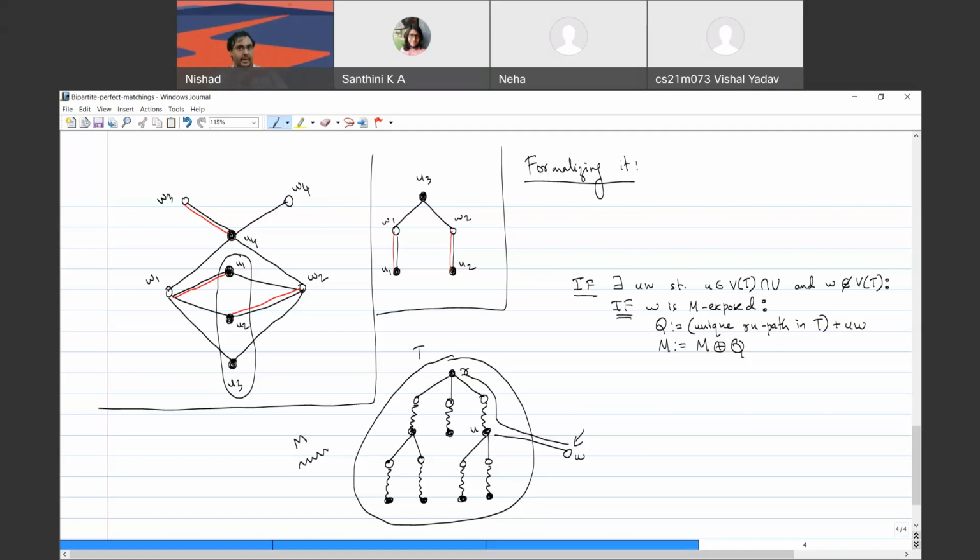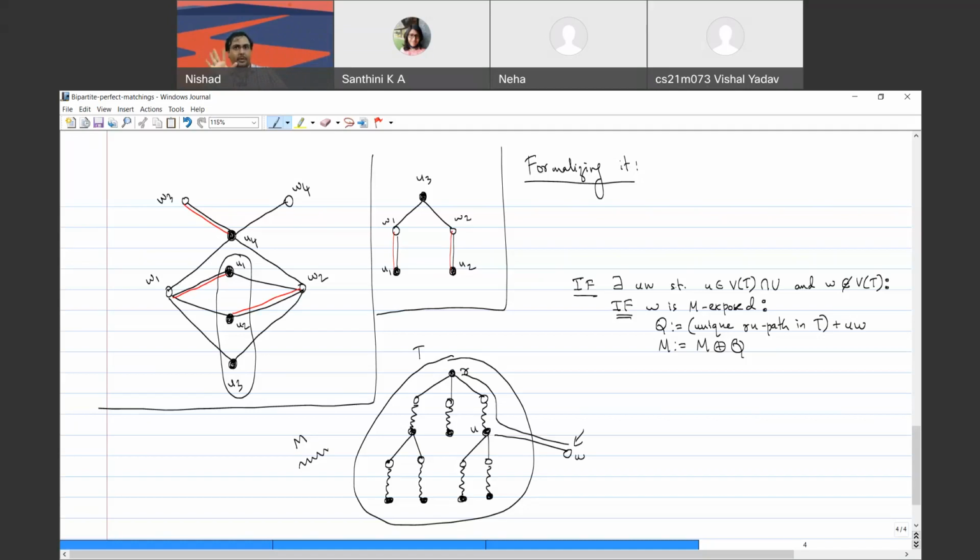Remember last time that's what we did. Every time we got a bigger matching, we started constructing our tree again. Start afresh with another root, which is an M-exposed vertex in the black color.